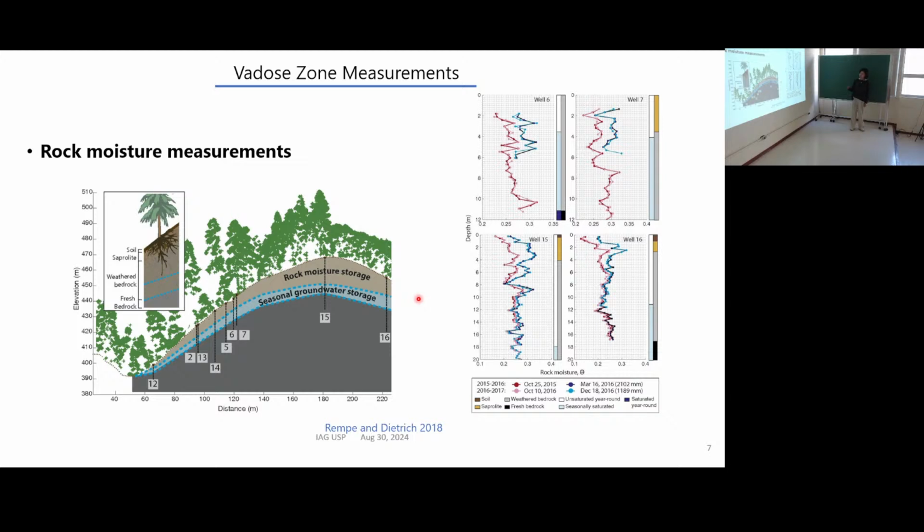In this paper, they used borehole NMR to look at the seasonal variation of rock moisture, and linked this seasonal variation to some large-scale hydroclimate data. They argue that for certain vegetation types, like those trees here, their roots are still able to reach the rock moisture even during an extended drying period.